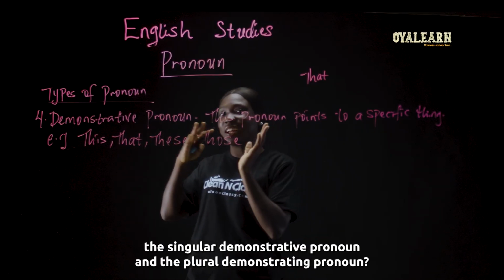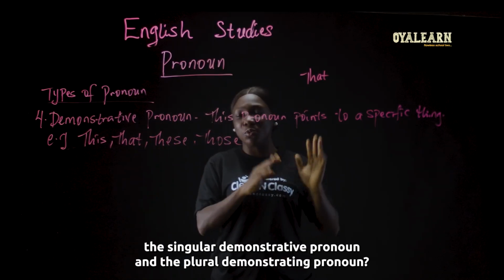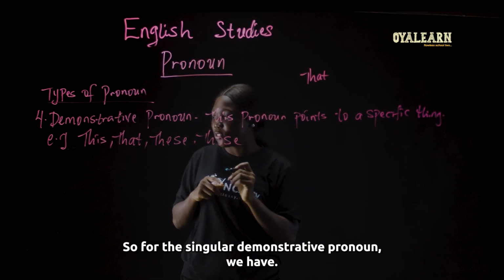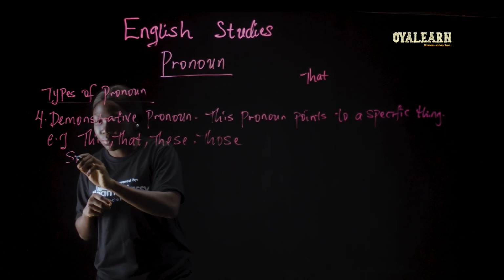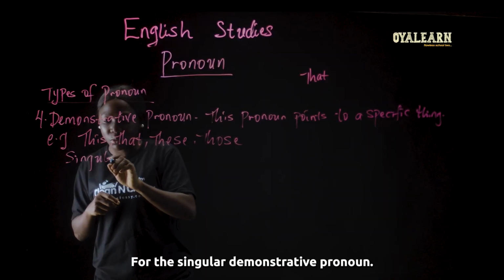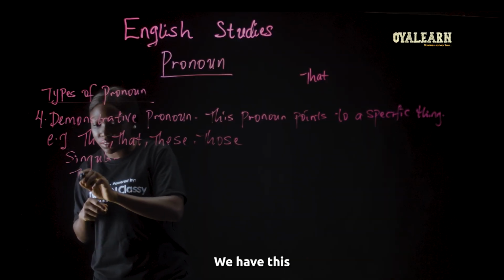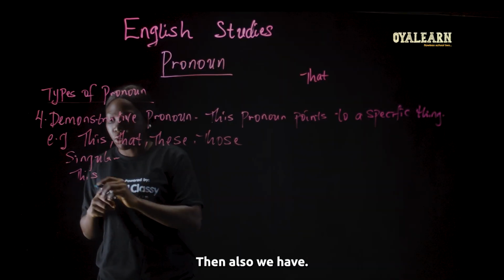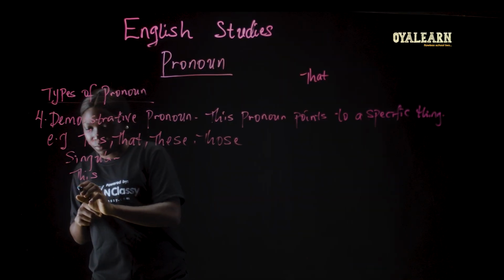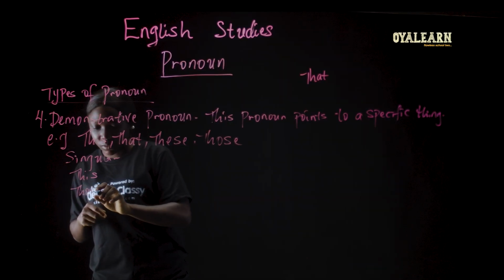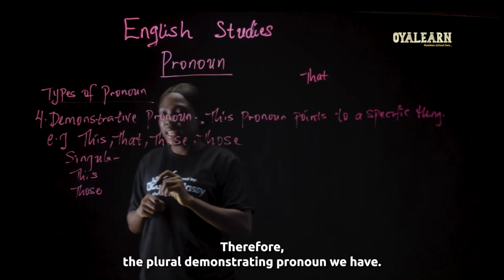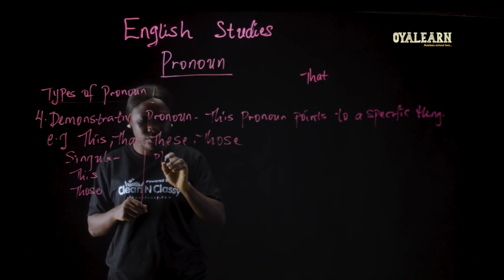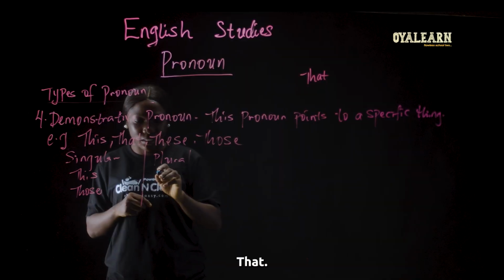We have the singular demonstrative pronoun and the plural demonstrative pronoun. For the singular demonstrative pronoun, we have this, then also that. Then for the plural demonstrative pronoun, we have those.